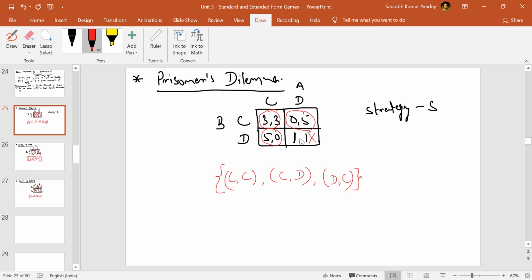All the solutions are giving you different answers. All the strategies, Nash, Pareto, dominant, social welfare, they are giving different answers. If you think logically, if they cooperate, both of them receive higher utility, and there is no comparison because they are both getting higher utility.